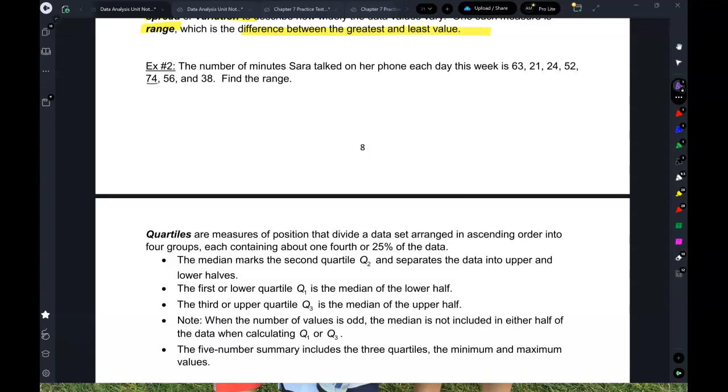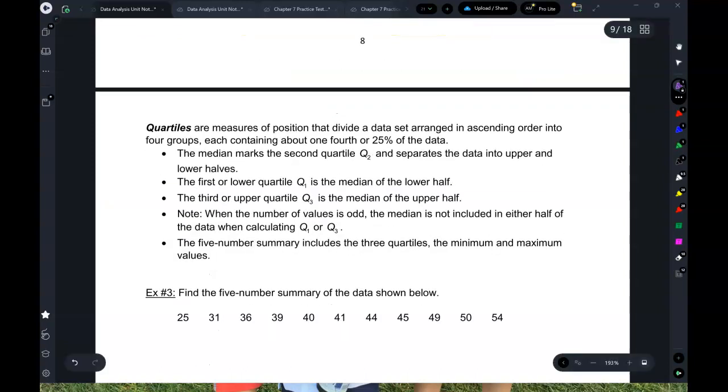And there must have been a math test the day after, because she only had time to speak 21 minutes on the phone. So what is the range? Well, you have to take the highest and the lowest number. For the range, you literally do 74 minus 21, 53. It's as simple as that.